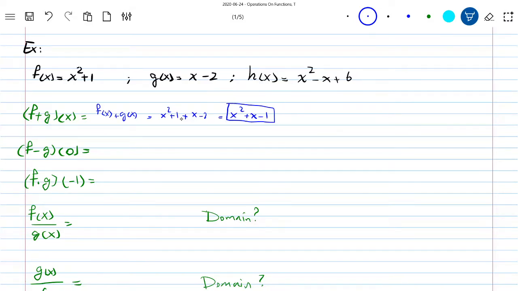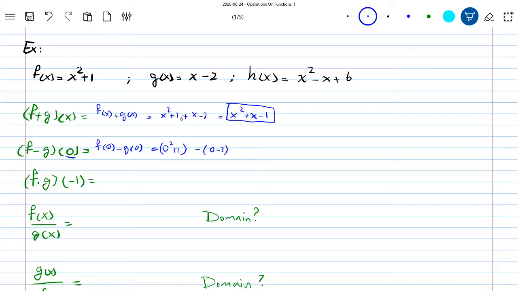How about if they ask you what is (f - g)(0)? This means f(0) minus g(0). The input given already is 0, so for both functions you replace x with 0. f(0) would be 0 squared plus 1, and I subtract from it g(0), which is 0 minus 2.